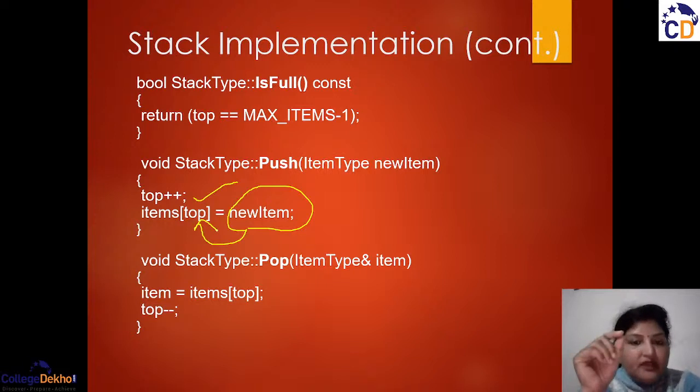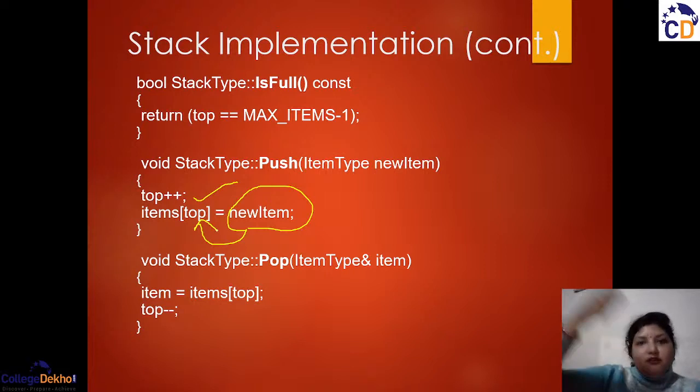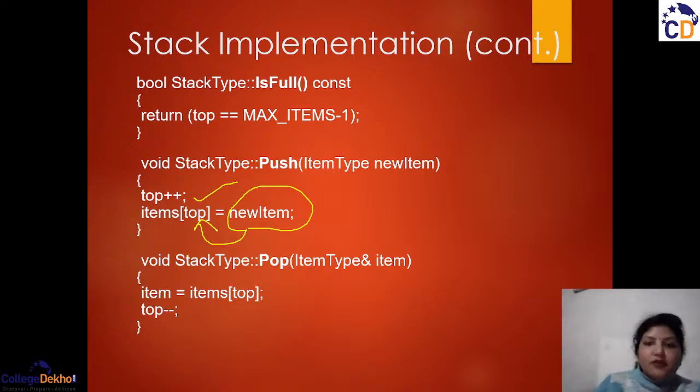Now the same thing applies to pop also. When you are pushing or adding anything, obviously you are increasing the pointer. When you are deleting anything, obviously you are decreasing the pointer. The same rule is followed. Like if you take a shirt out of a stack, the number of shirts decreases, because you have popped one item from that stack.